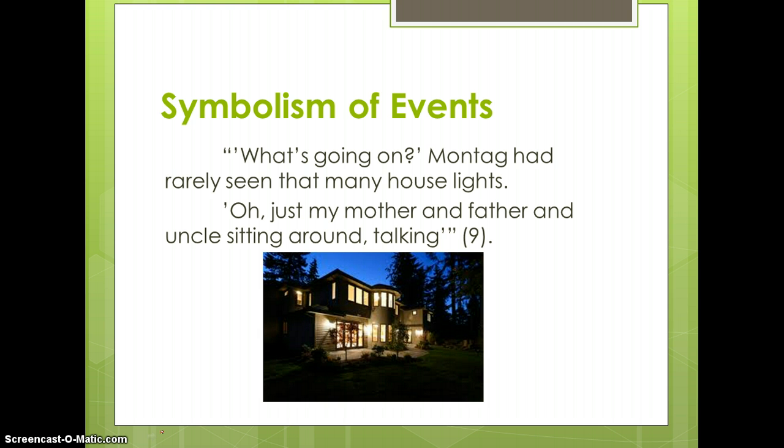Symbolism of events. So the events in a novel can also be symbolic of something. So for instance, when Montag is walking with Clarisse for the first time, he says to her as they pass her house, "What's going on?" Montag had rarely seen that many house lights. "Oh, just my mother and father and uncle sitting around talking," she replies. This particular event is symbolic of what the society in the novel is lacking.